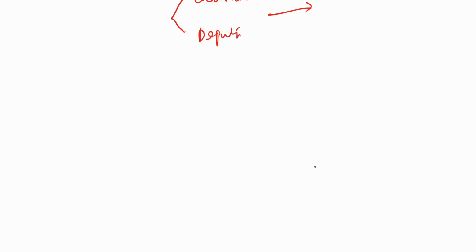There are certain bills. This is important. There are certain bills that cannot be introduced in the Parliament without the previous sanction or recommendation of the President. So I'm going to list down these bills. Please note down.